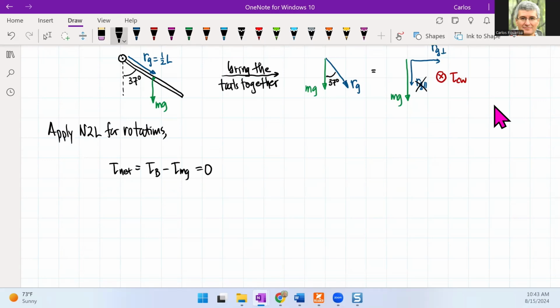And this guy is 0, which then implies that the perpendicular distance times the magnetic force must equal the perpendicular distance times gravity. And putting this all together, I'm going to get L sine of 53, and then the magnetic force is IL times B. And then this guy will give me 1/2 L sine of 37 times mg. That now we can finally solve for the current.